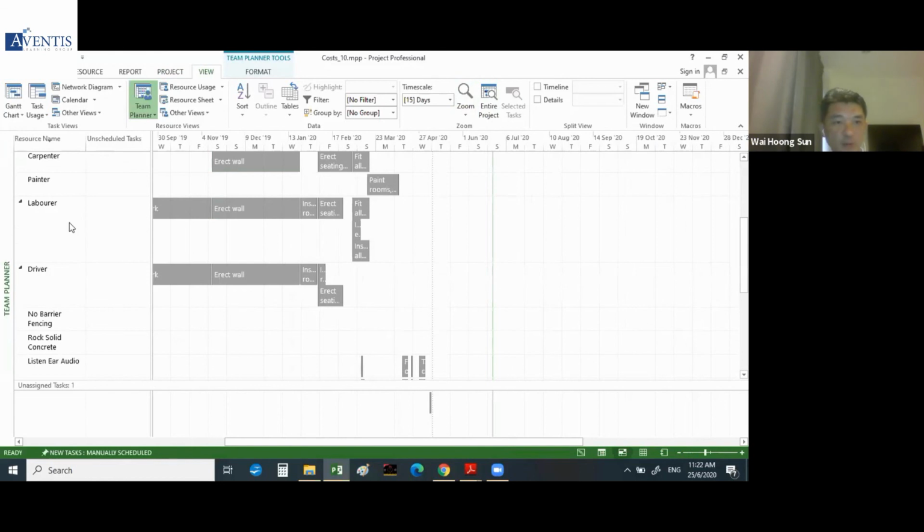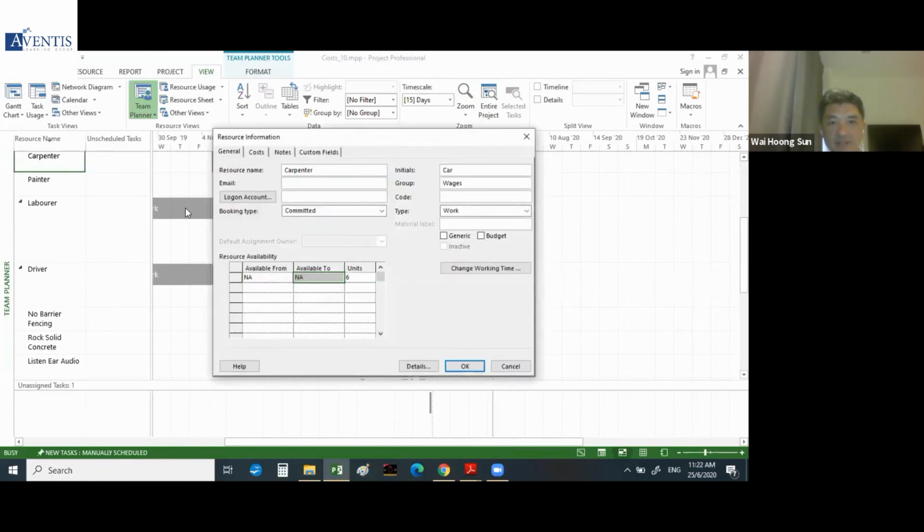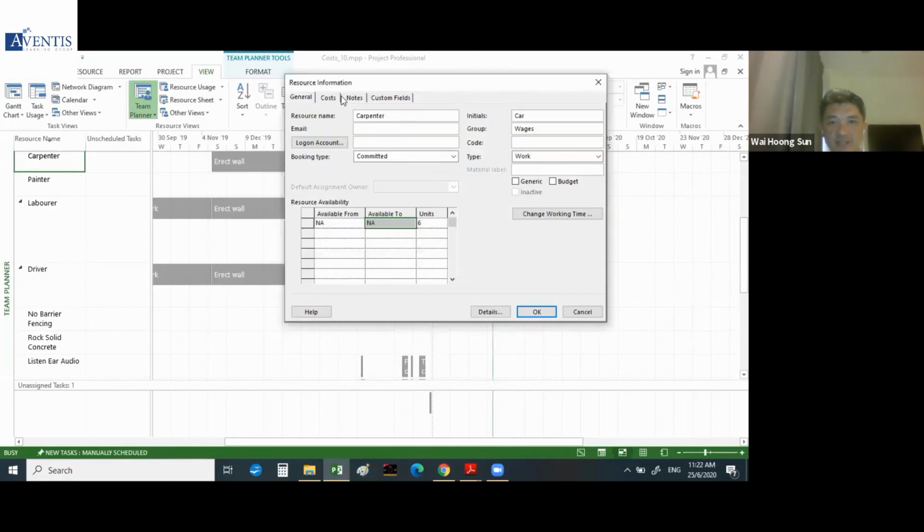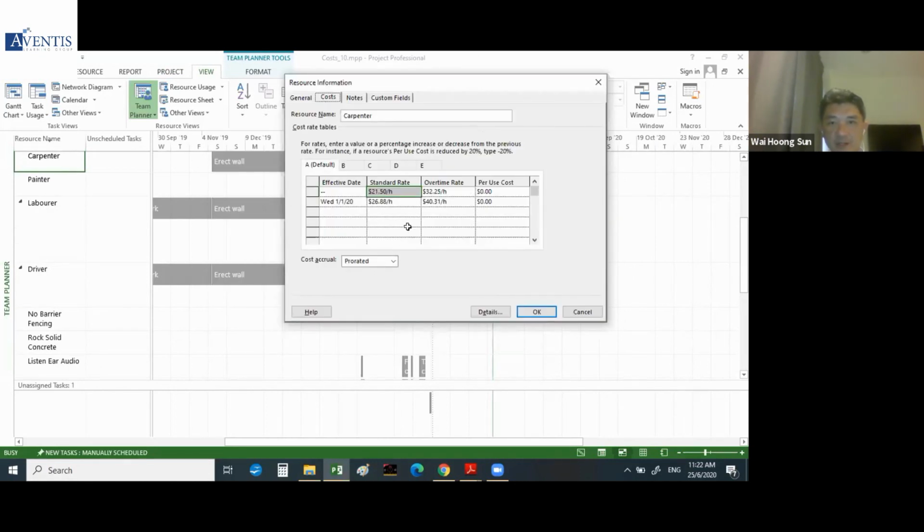You can also set rates for them. For example, if you click on the carpenter, you could see their standard rate if they're working during normal operating hours, and the overtime rate if they are working beyond the normal operating hours.